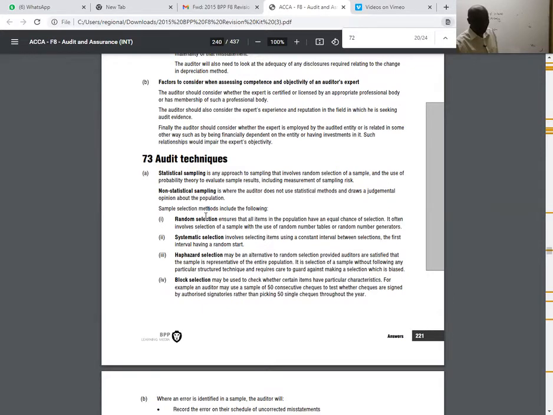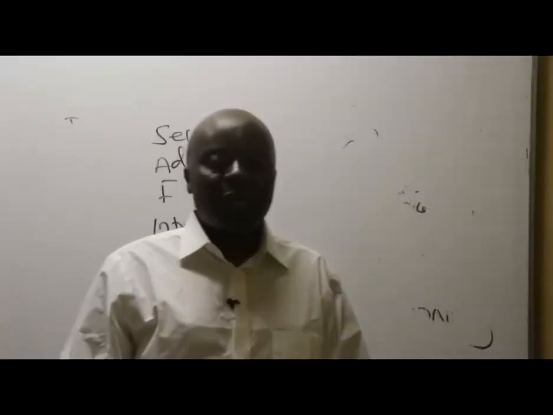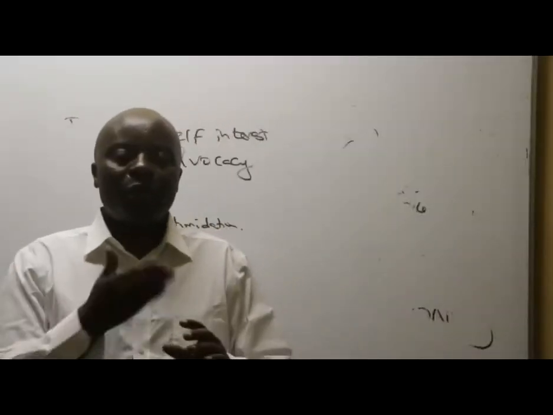Ladies and gentlemen, when we talk of this random selection, let's just read it, it ensures that all items in the population have an equal chance of selection. It often involves selection of a sample with the use of random number tables or random number generators. How about systematic selection? Your Mwalimu must have explained this very well, system, uniform.